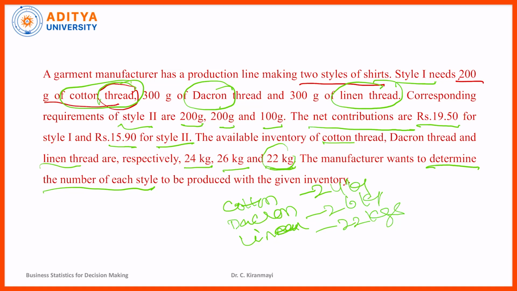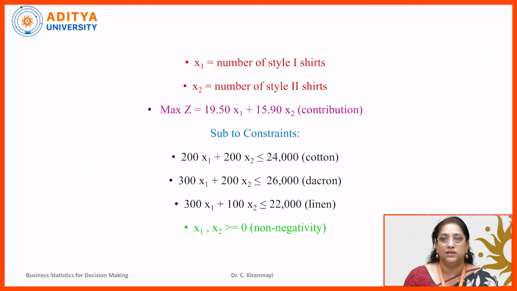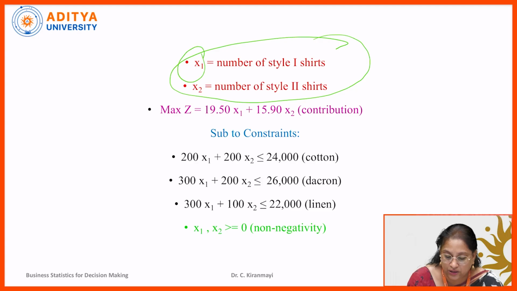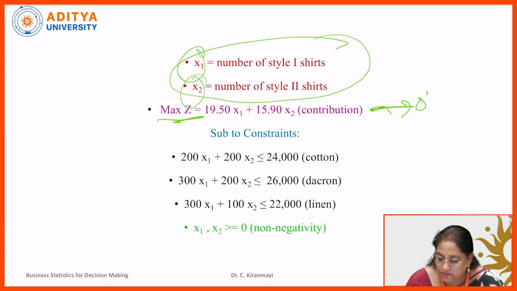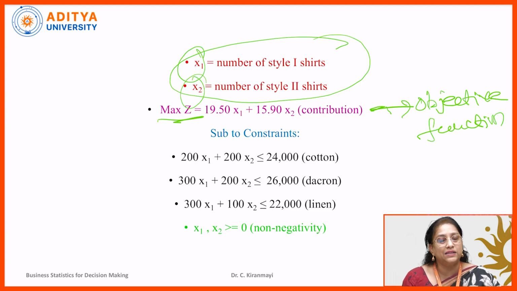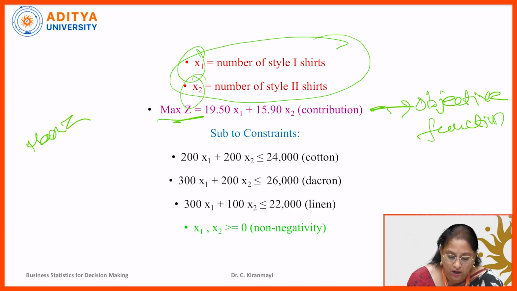This is how a linear programming problem has different constraints, and this is how it looks. If we consider the previous problem, X1, X2 are the decision variables, and this is called the objective function. Always remember, the objective function may be either a maximization model or a minimization model.